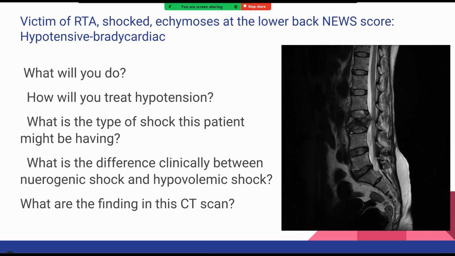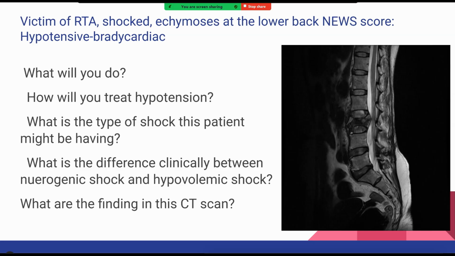And in hypovolemic shock, the hypotension is usually corrected by fluid or blood replacement. While in neurogenic shock, fluid resuscitation or blood resuscitation will not correct the hypotension. There will be need to use vasopressors like dopamine or noradrenaline.